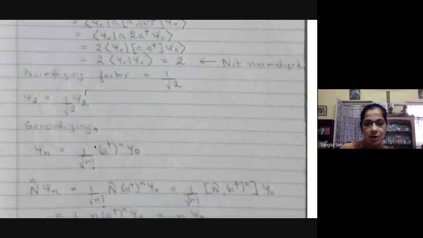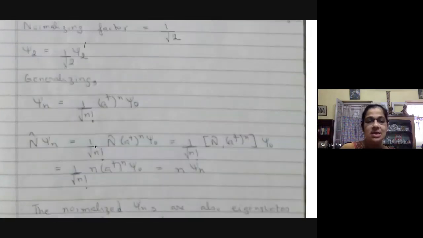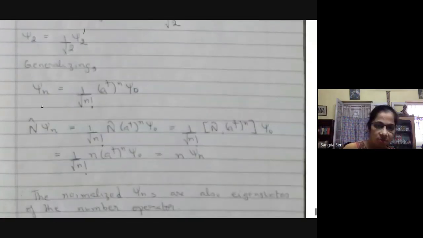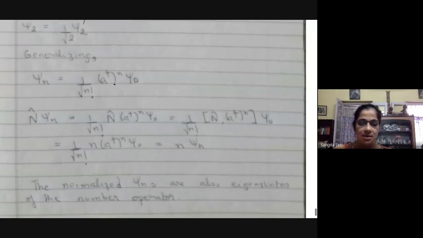Now, if you work out a few more, you will see by analogy that the general normalizing constant for the nth excited state is 1 by root of n factorial. This is the normalization constant, which I had just mentioned before, but this is how you derive it.